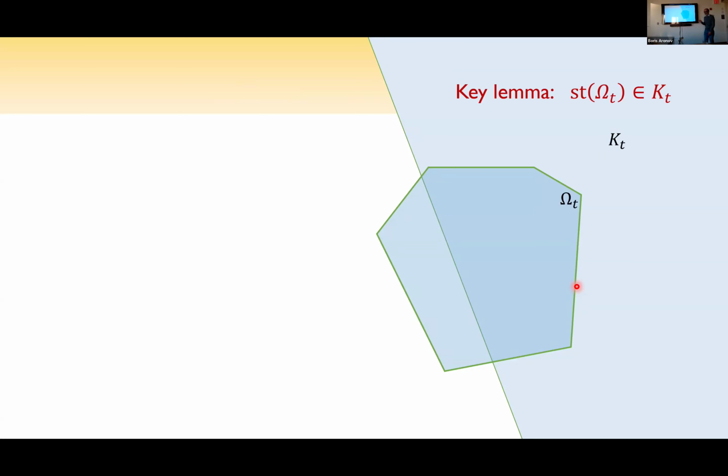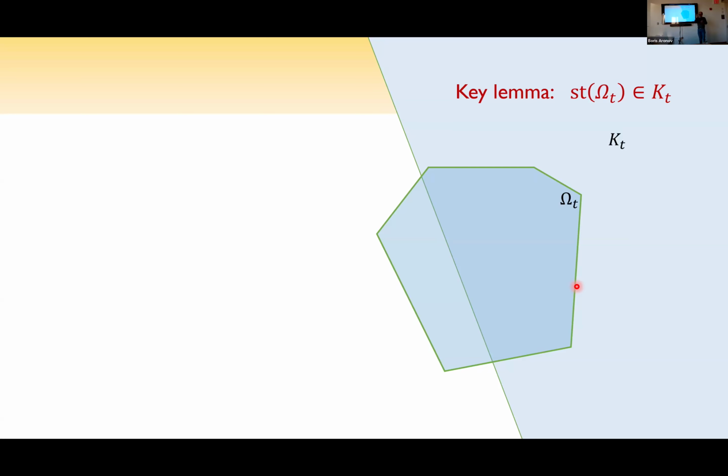So let me give you a proof. And again, I'm going to wave my hands. Omega_t was this set, where opt could be. And K_t is the last body that arrives. For simplicity, imagine K_t is a half space.